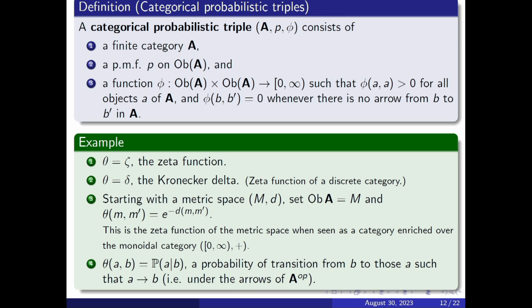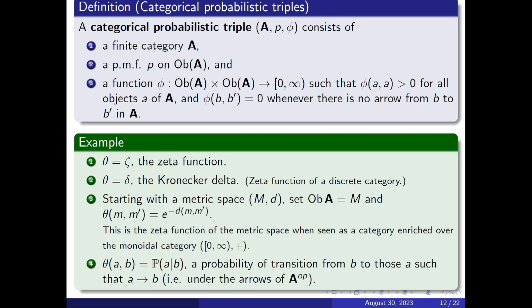The Kronecker delta, the function that assigns phi AA equals 1 and phi AB equals 0 whenever A is different from B, is also a function like that. And from a metric space, the corresponding function would be this. You see the objects of A as the points of the metric space, and this function theta, sorry, this phi should be theta, of M and M prime is the exponential of minus the distance between M and M prime.